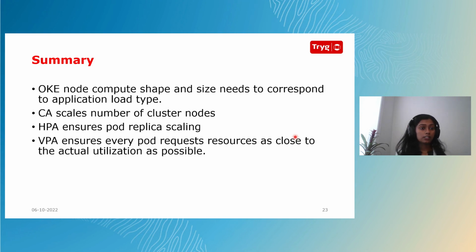Cluster autoscaler is something you configure on a particular node pool to dynamically scale the number of nodes in the node pool. Horizontal pod autoscaler is one level down, where you configure the number of pods that can be scaled up or down at any given instant. Vertical pod autoscaler goes one level further down, where it ensures the request we are making to Kubernetes is as close to the pod's actual utilization as possible.